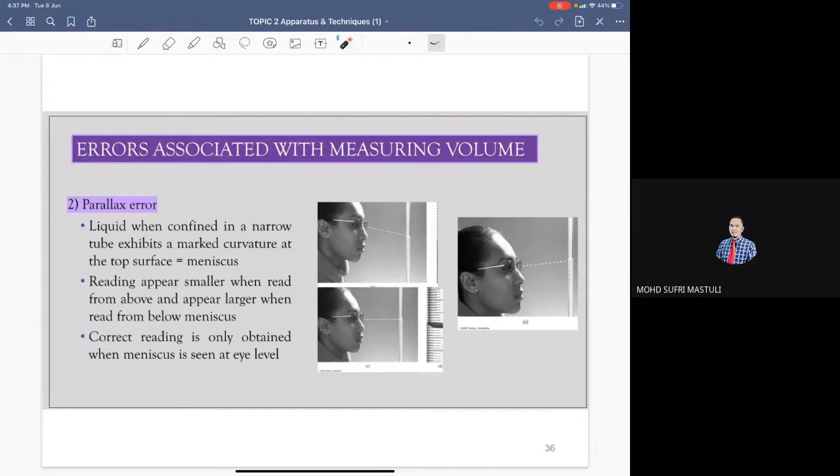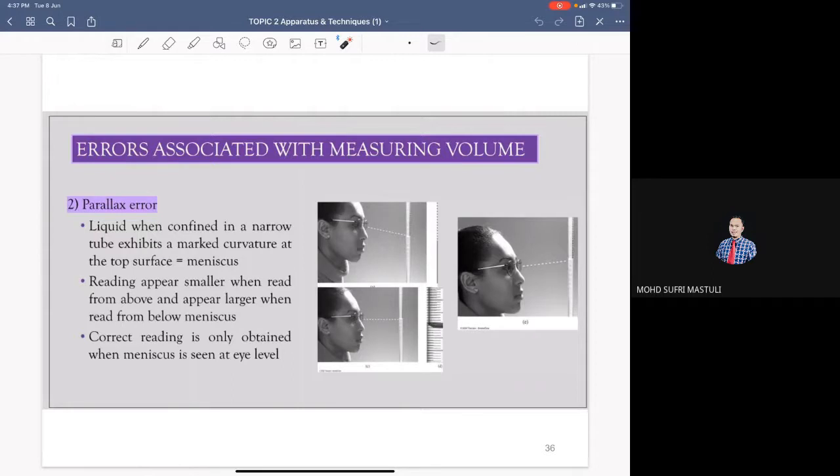Parallax error means that when a liquid is confined in a narrow tube, it can exhibit marked curvature at the top of its surface, which we call the meniscus. The reading appears smaller when read from above, or appears larger when read from below the meniscus.